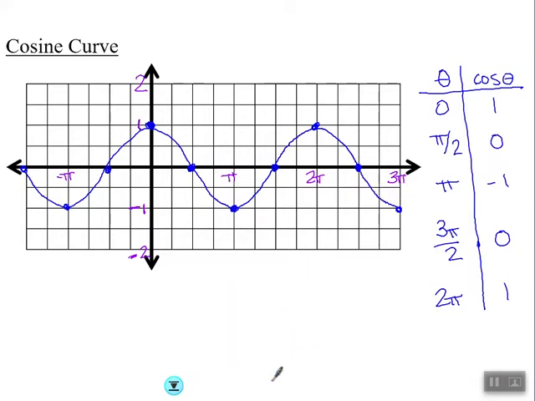Again, the part of the graph that we are going to focus on is between the angles of 0 and 2 pi radians, which is this section of our graph. If we take a look at the domain and range of this function, since this graph can continue forever, our domain is all real numbers, or -infinity to +infinity, and our range, again, is going to be -1 to +1.